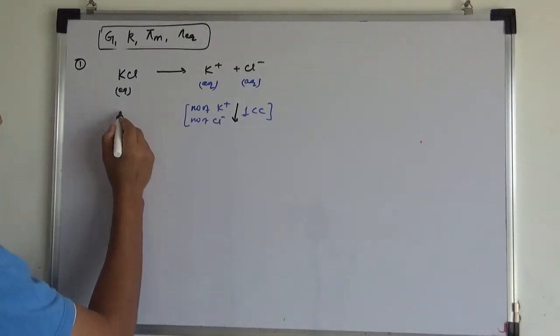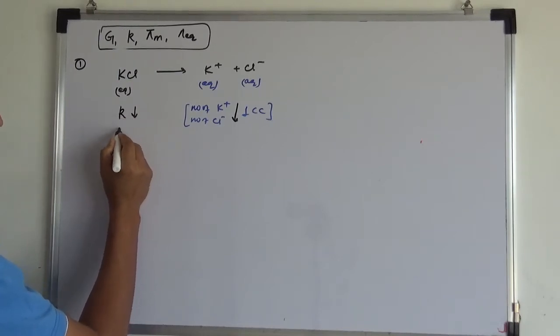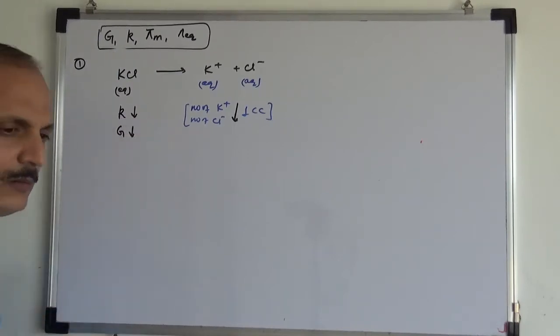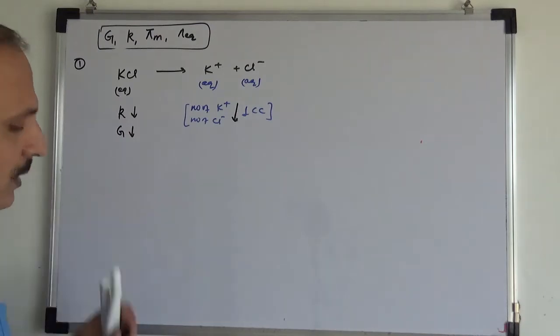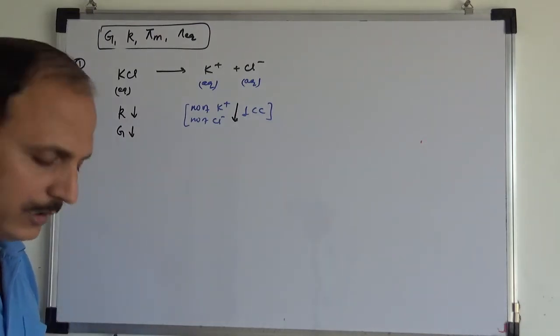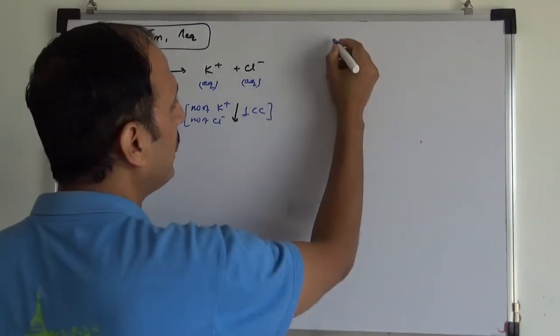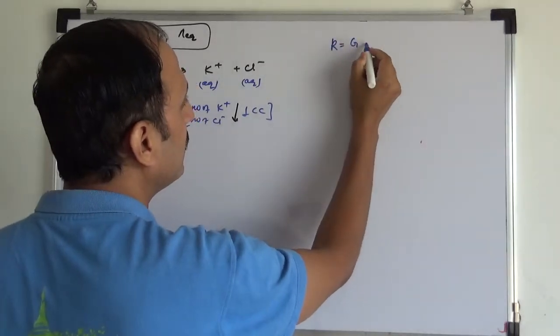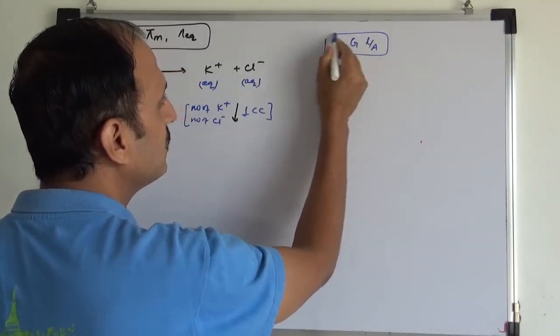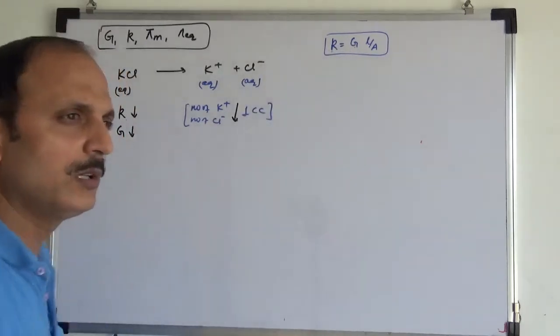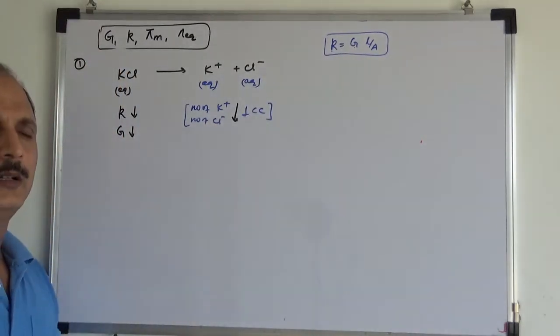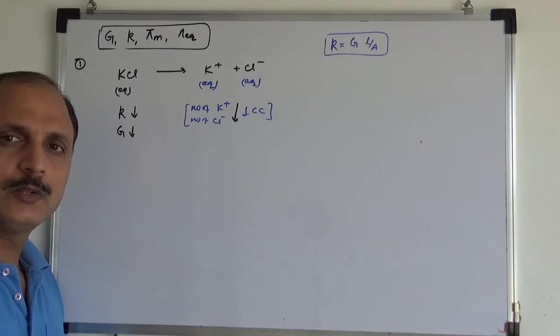So specific conductivity is going to decrease, and as a result the electrolytic conductivity is going to decrease, because K was G L by A. If K is going to decrease, the electrolytic conductivity is also going to decrease.